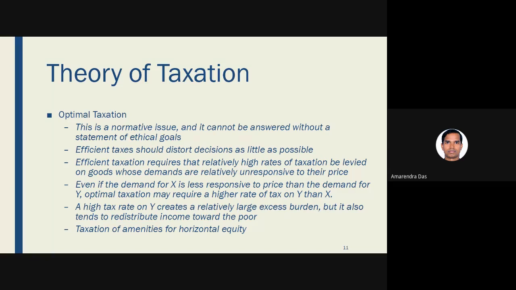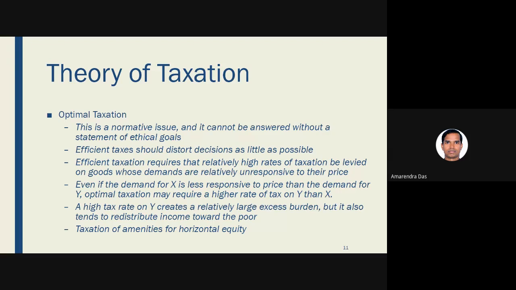So a rich person is paying 1% tax from his income, and a poor person is being asked to pay 10% tax from his income. That is unfair in the society. So there would be an argument that if you are taxing the inelastic commodities, then the poor people carry more burden.